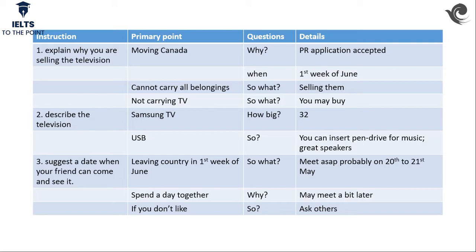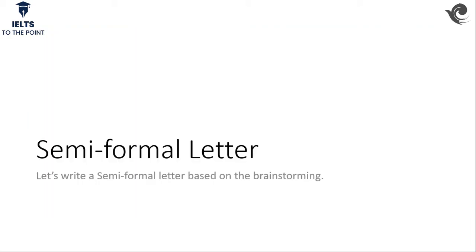Secondly, using the details and primary points, we can always form complex and compound structures which have relations like cause and effect, reason and result, or action and reaction, or some conditions. All right, so this is going to help us to write the letter.